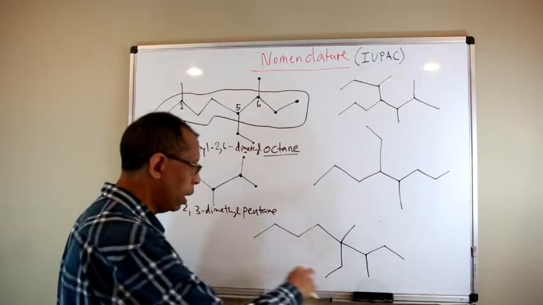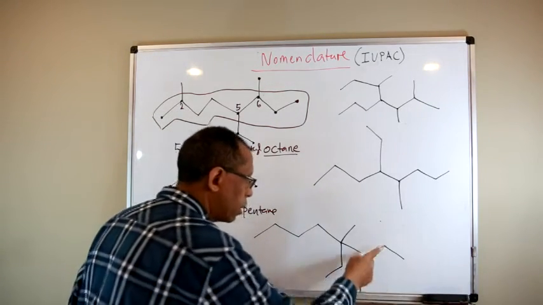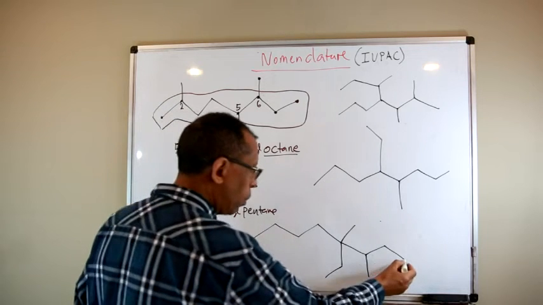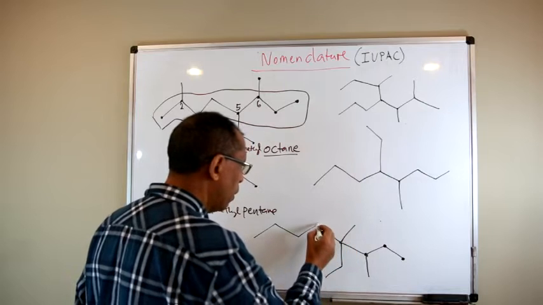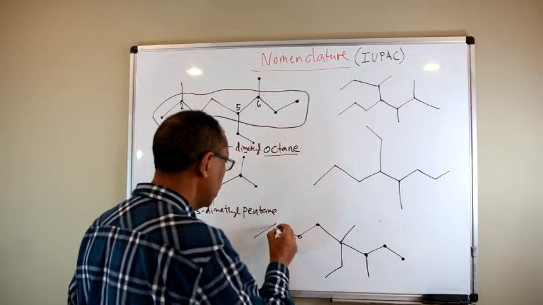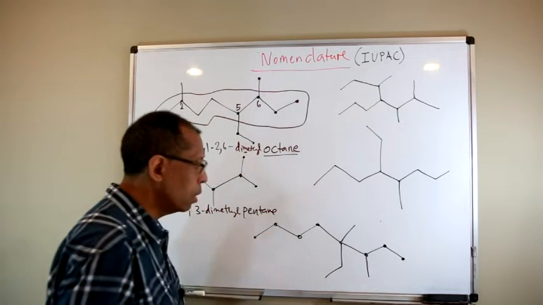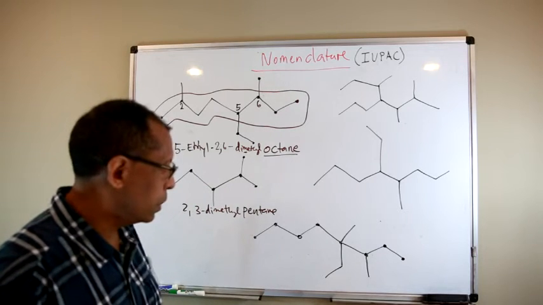If you look at this chain right here in this compound, I would count 1, 2, 3, 4, 5, 6, 7, 8. This is an octane compound.